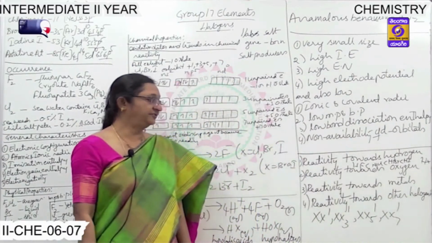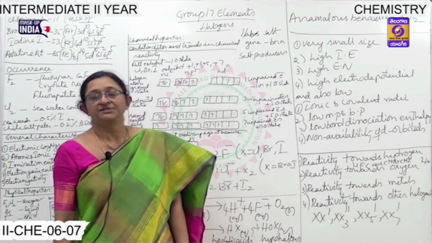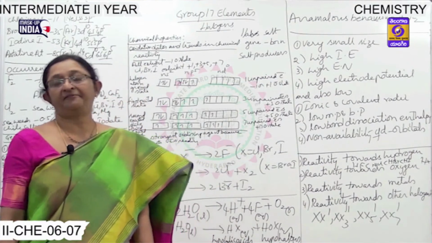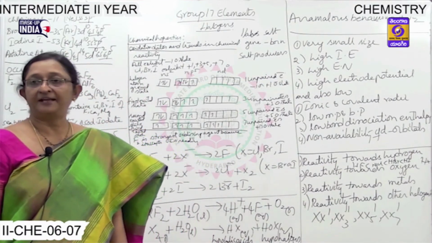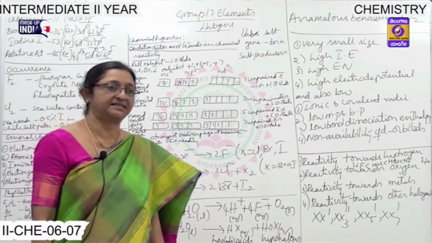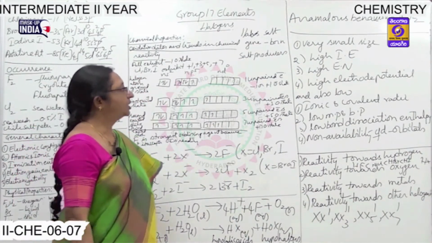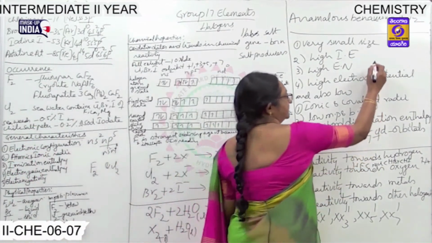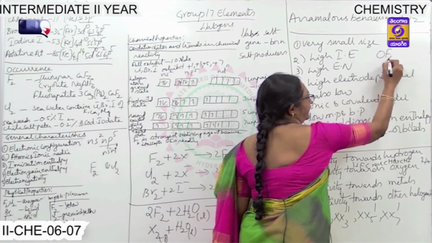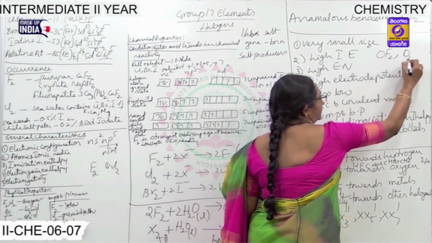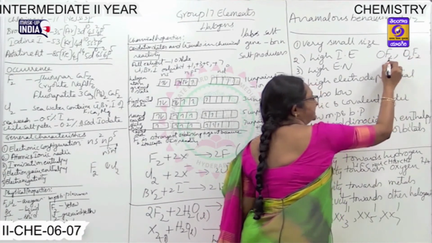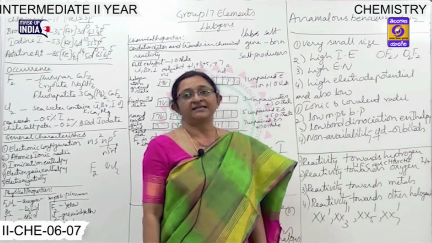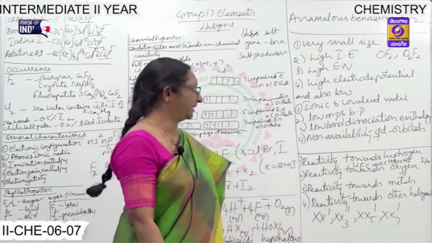Then reactivity towards oxygen. These halogens react with oxygen and they form the respective oxides. Fluorine will form two kinds of oxides like OF2 and O2F2, oxygen difluoride and dioxygen difluoride.